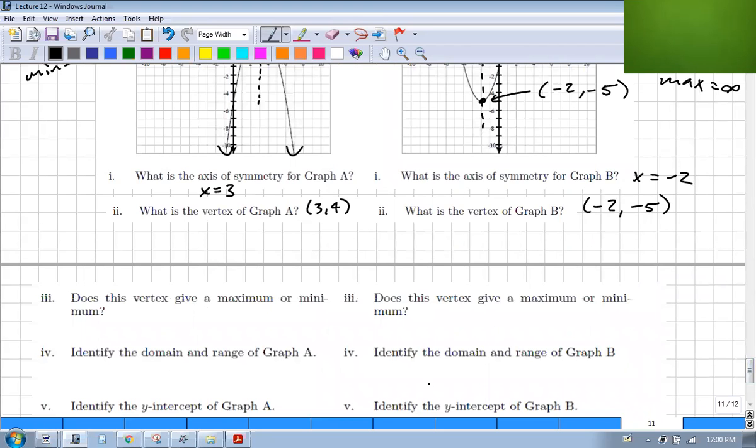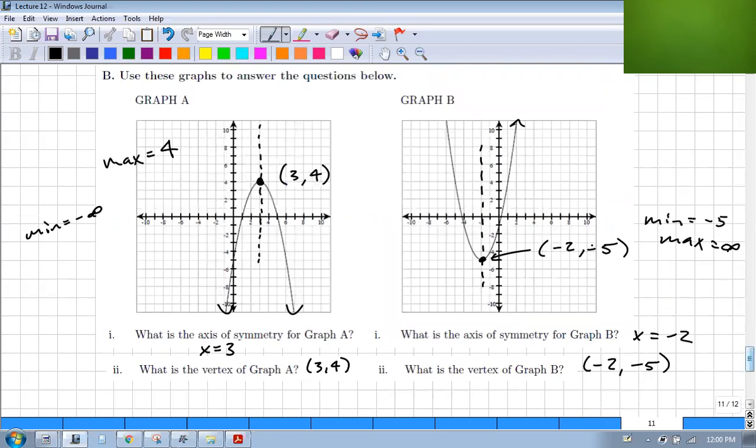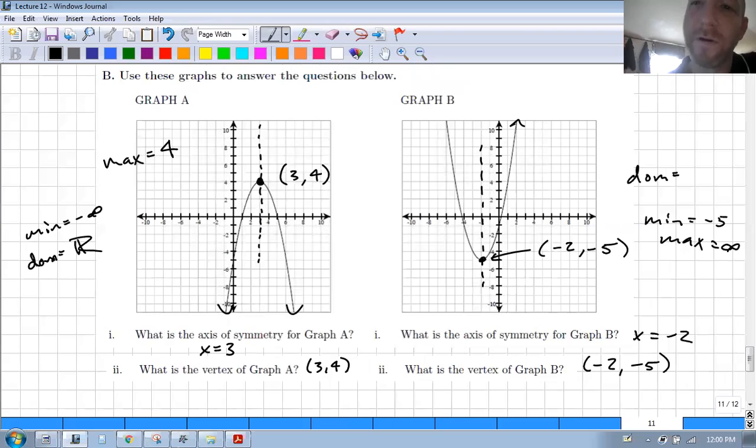Domain and range. All right, the domain of both of these is all real numbers. Domain is all real numbers because it does go infinitely to the right and to the left. Okay, both of them do. All right, the range here is how far you go up or down. The highest we go is 4 with a square bracket.